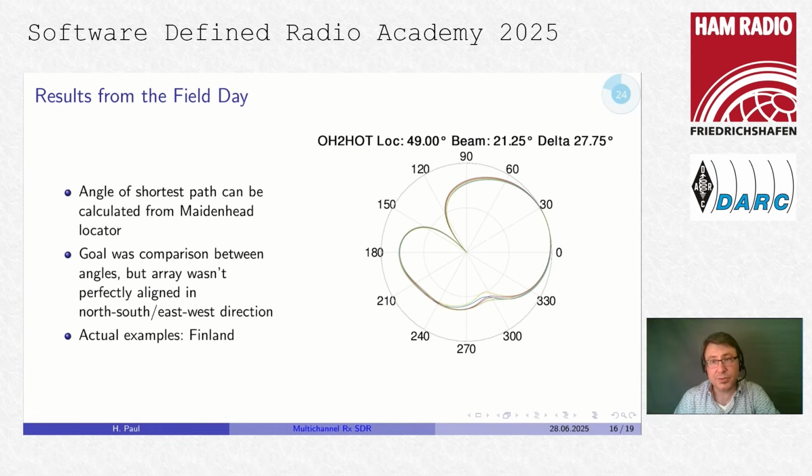Then there's Finland, which has a bit larger error here, but this may be due to the way the waves propagated on that day, because these beam patterns assume a perfectly symmetric characteristic of the individual antennas, and you only plot the beam pattern exactly at 0-degree elevation, meaning in the horizontal plane.